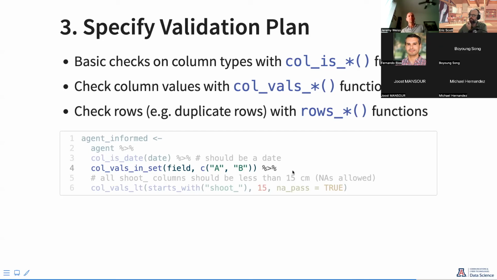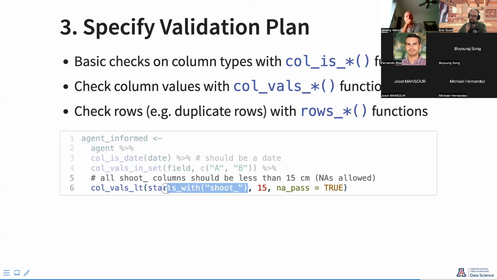And then the next one here, we're checking that all of the shoot columns should be less than 15 centimeters. And here's where our column naming pays off. We don't have to type out shoot_1, shoot_2, shoot_3, shoot_4, and so on. We can use this little helper, starts with shoot_.